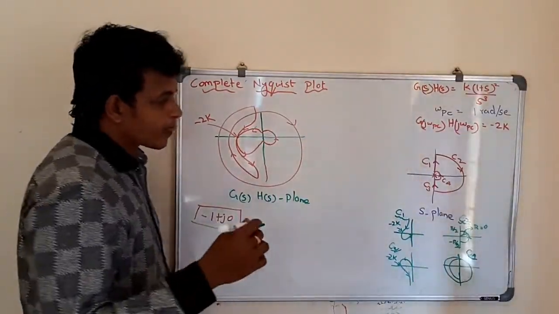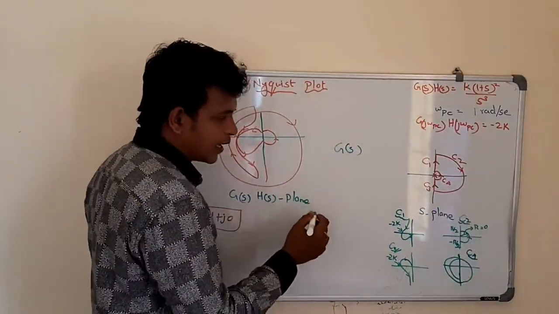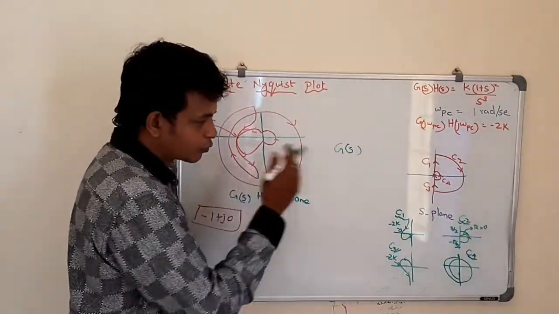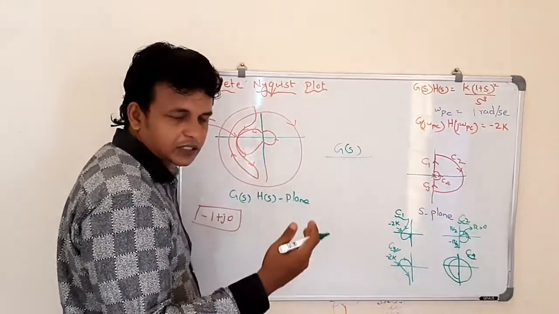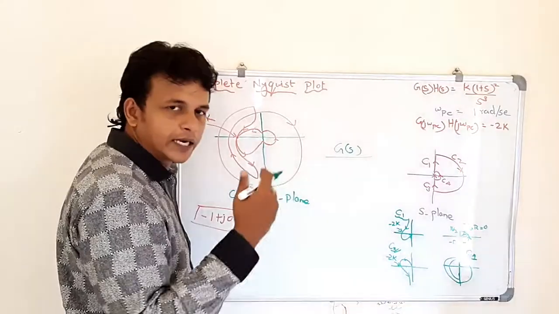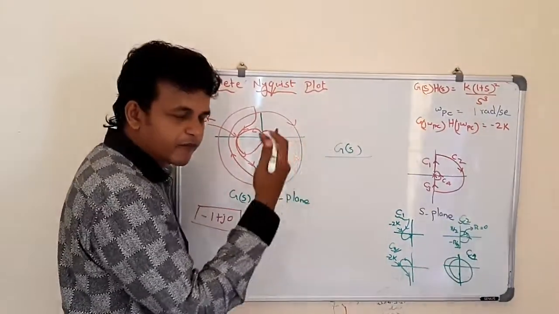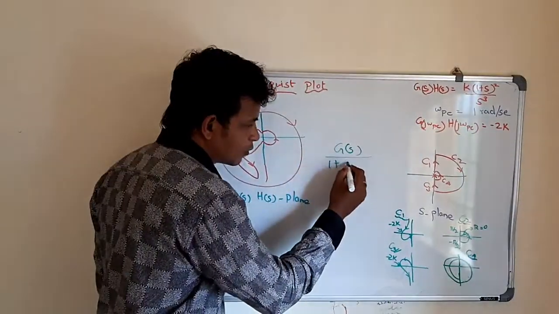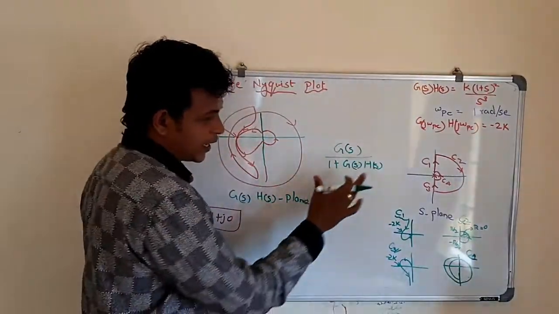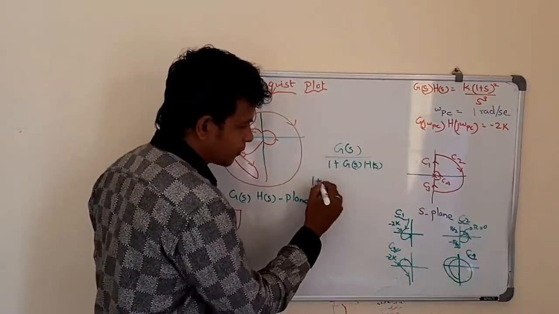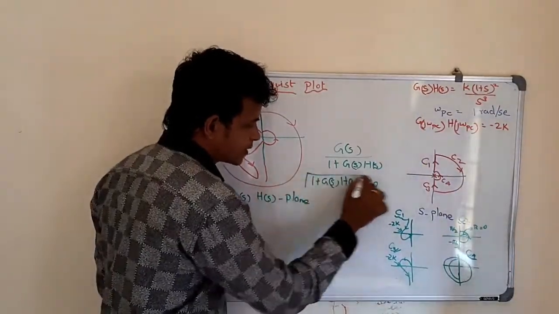When in any question the open loop transfer function is given as G(s), in order to find the stability we go for the closed loop transfer function. We find the stability using the characteristic equation, which is determined from the closed loop transfer function, G(s) divided by 1 plus G(s)H(s). Equating the denominator, 1 plus G(s)H(s), to 0 gives the characteristic equation.